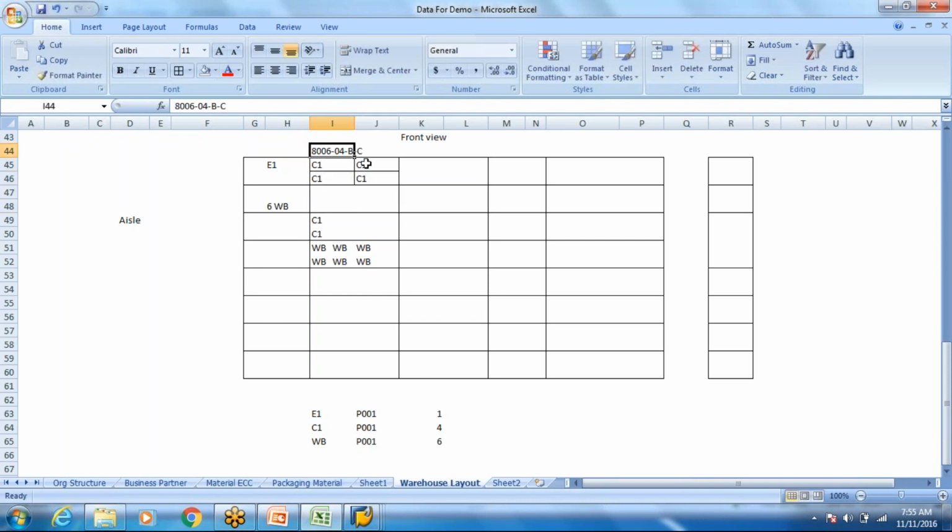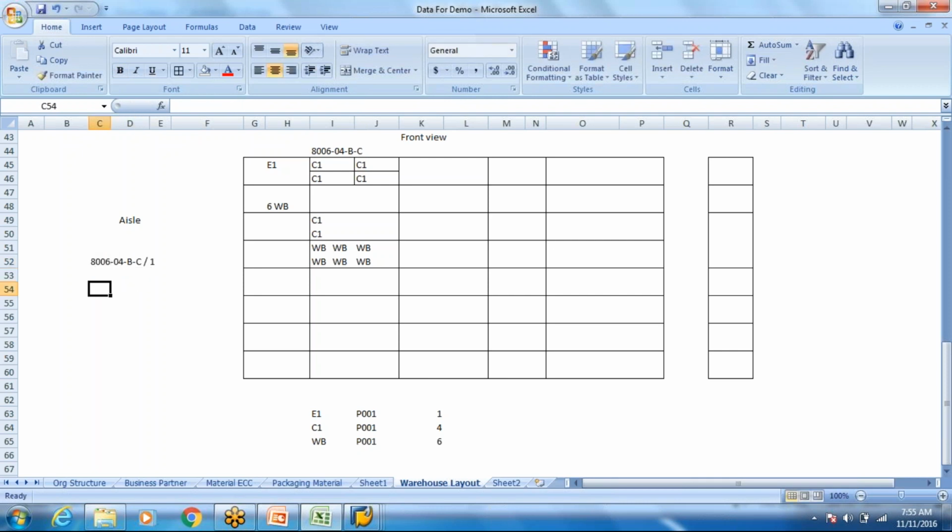When you place stock, this bin basically gets divided into 4 sections. When you place the first HU, this bin will become something like this. This bin will be divided into 4 sections.